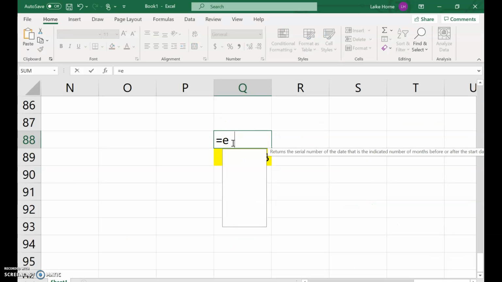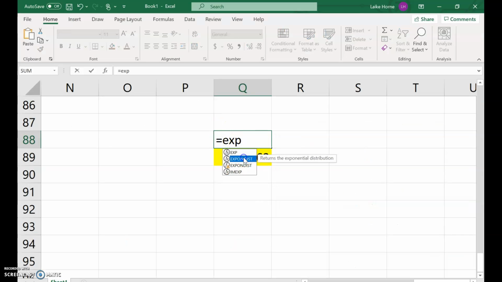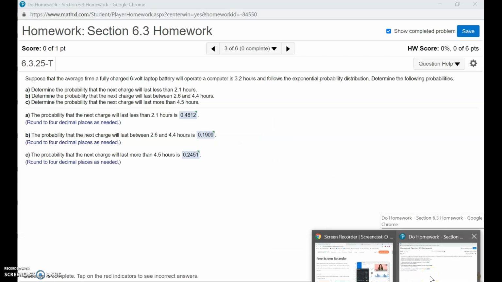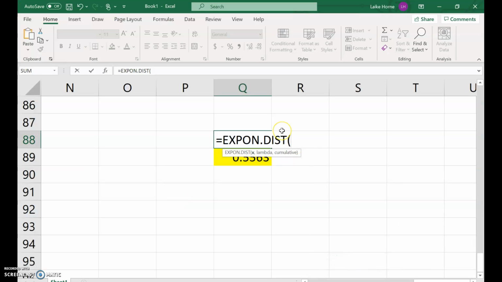So equals exponential.dist. And x is going to be 4.4. Lambda is what we calculated earlier, 0.3125. And we want it to be cumulative.